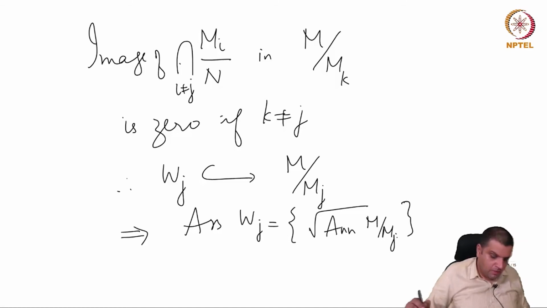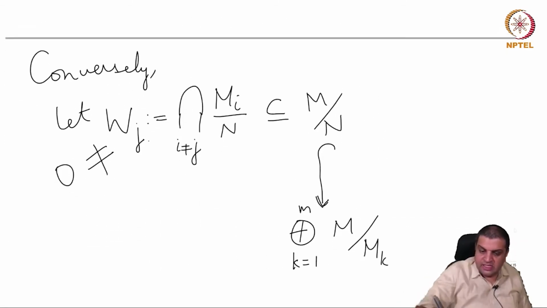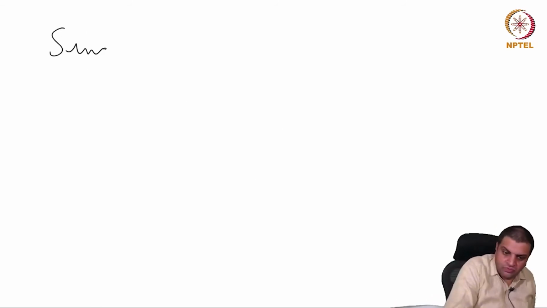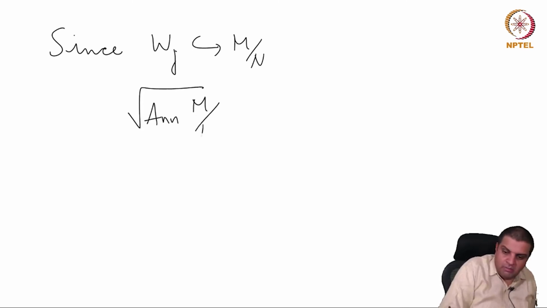What does that say? The associated prime of Wj is the associated prime of the jth factor here, but Wj also sits inside M mod N. We conclude that the radical of the annihilator of M mod Mj is associated to M mod N.